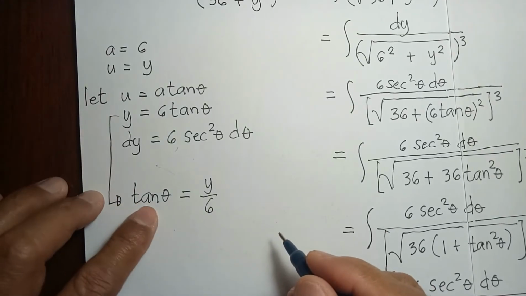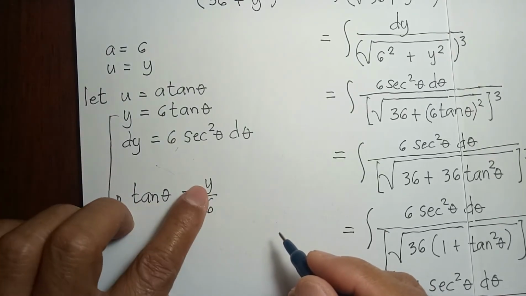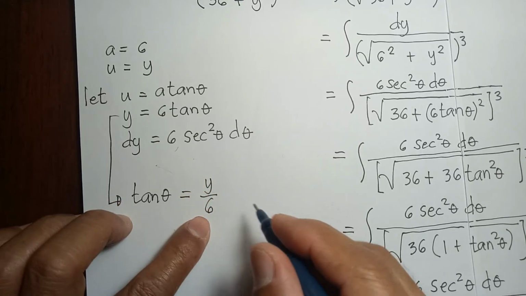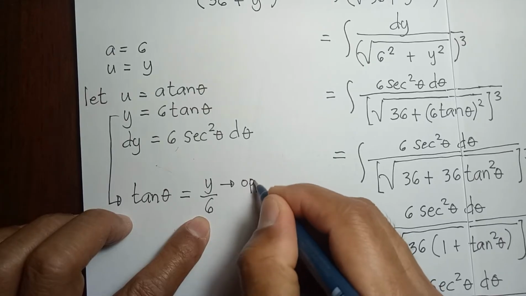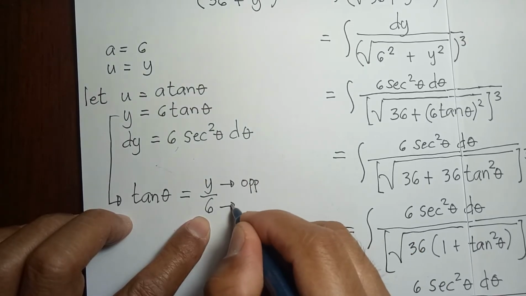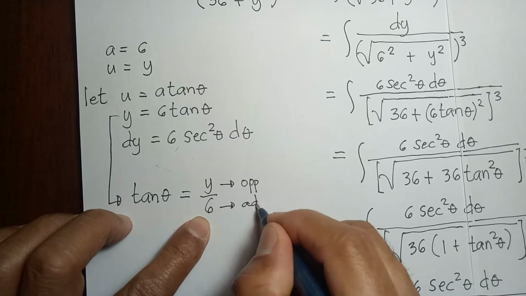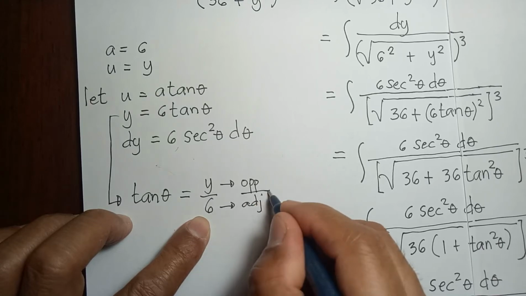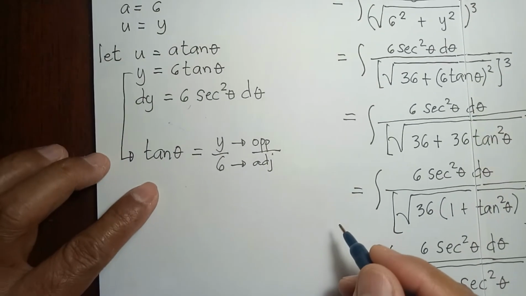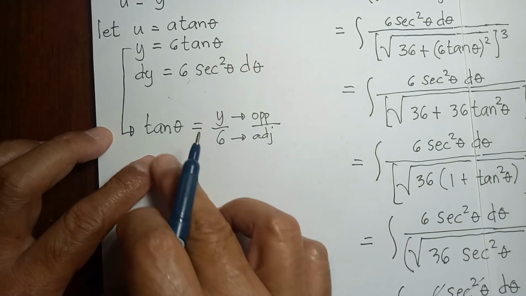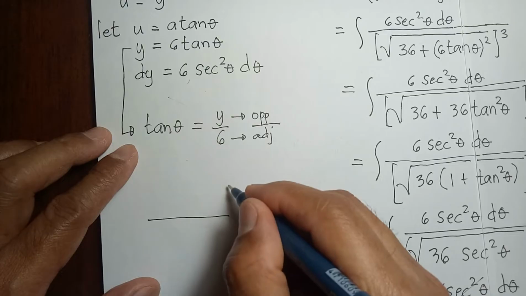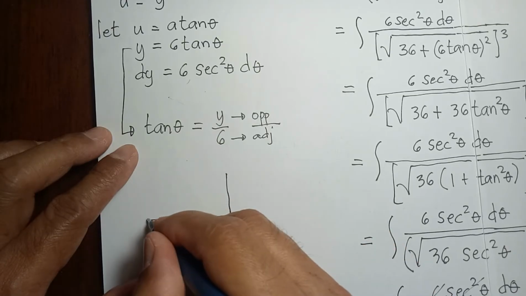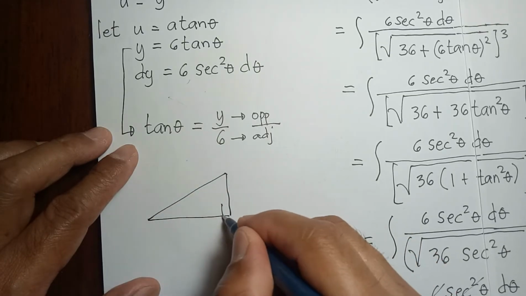Ngayon, by definition, tangent is opposite divided by the adjacent side. So, ito ngayon ay opposite. Ito ngayon ay ang ating adjacent side. So, if we are going to draw the right triangle defined by this equation, tangent theta equals y over 6, let us draw the right triangle.